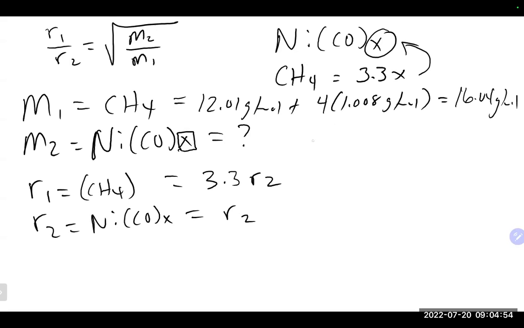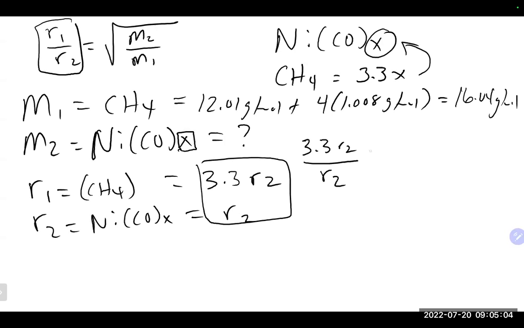We would take 3.3 R2 divided by R2, which would equal the square root of M2, which is my nickel compound, which is what I'm looking for, divided by the molar mass of my CH4, which is 16.04 grams per mole here.